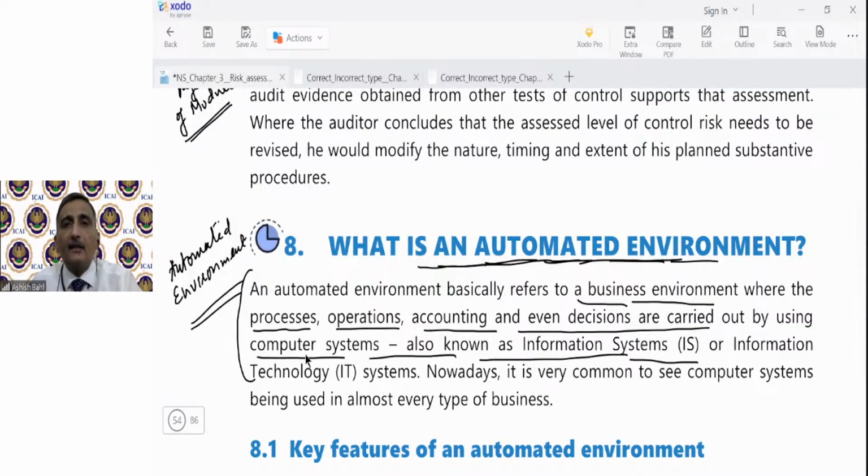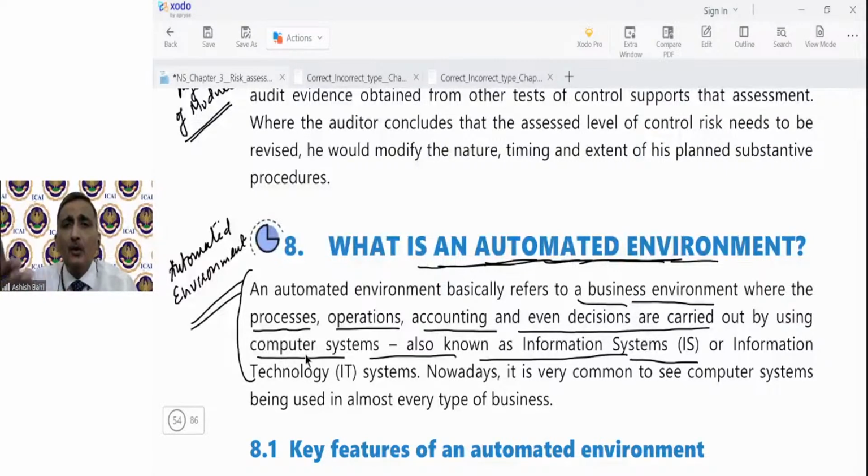So all these processes are integrated, are linked with each other. How? With the help of IT systems. Such an environment is called an automated environment.